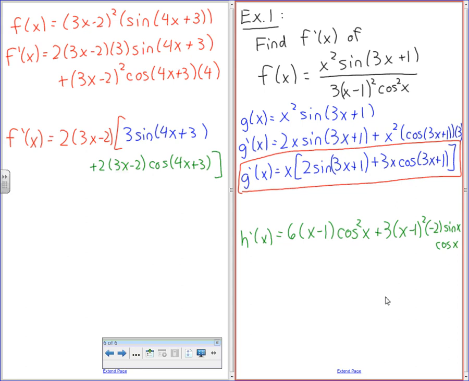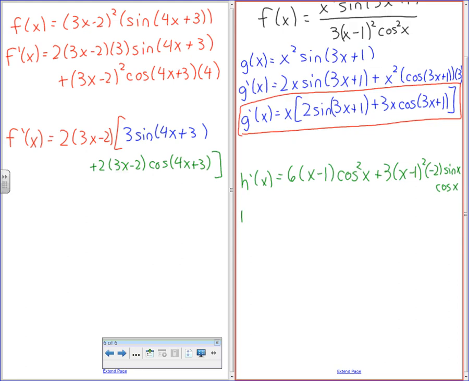I'm going to go down a little bit. I'm going to say h prime of x. I'm going to take out a 6x minus 1. And I'm left with a cos squared x minus. Okay, good. Good find there.